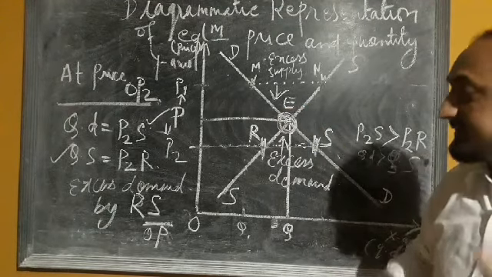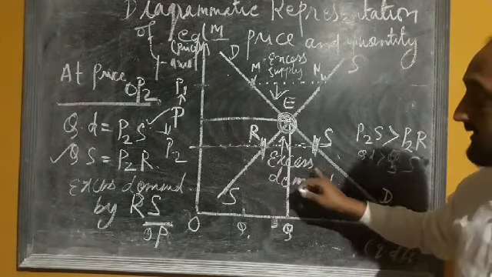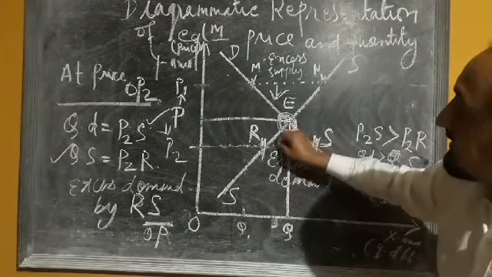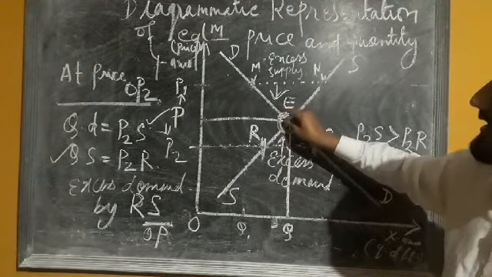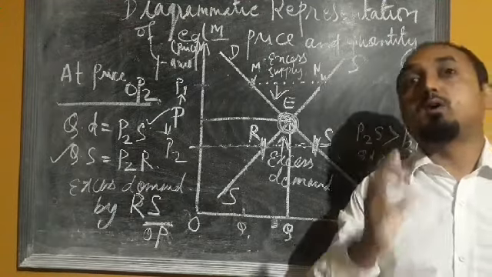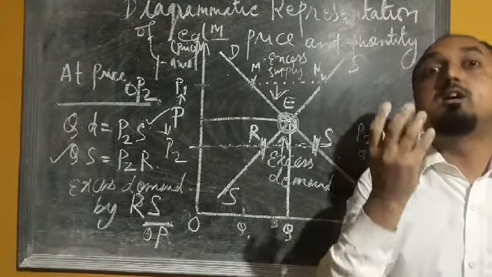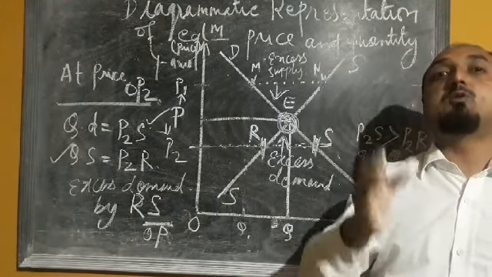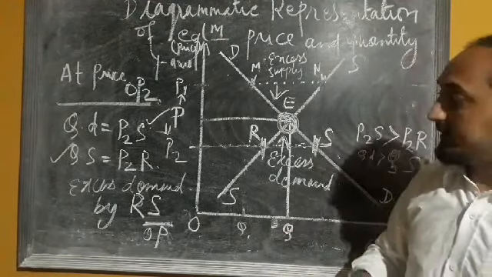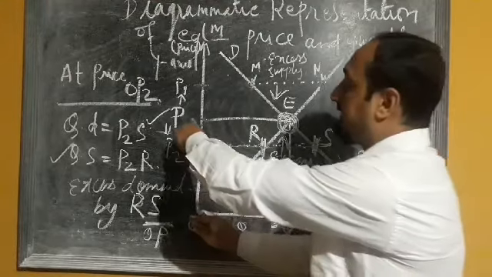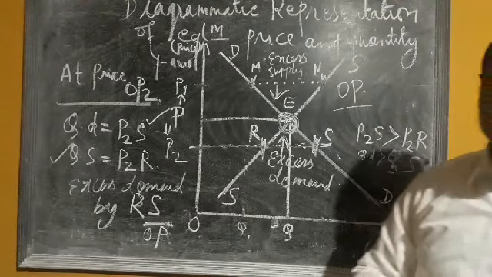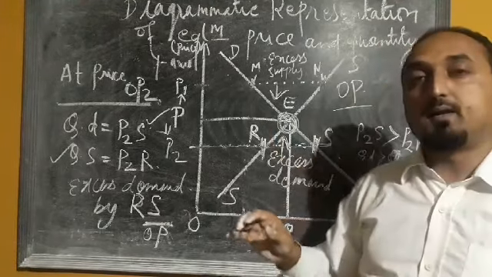In the second case, if there is excess demand, again there is a tendency for price to rise, and again it will reach the equilibrium point. So whenever we are dealing with the market, it will try to come to the equilibrium level, where quantity demand and quantity supply will be the same at some given price. So what is our equilibrium price here? Equilibrium price is OP, where we can see that demand and supply are the same.